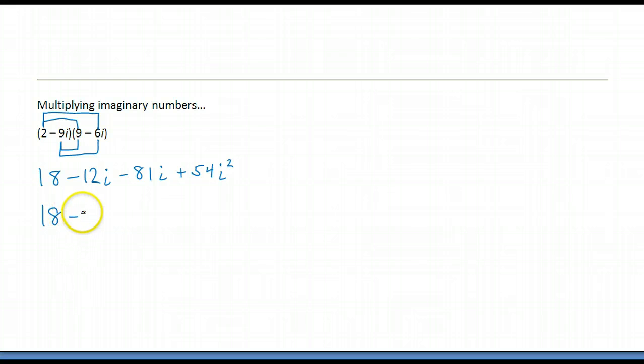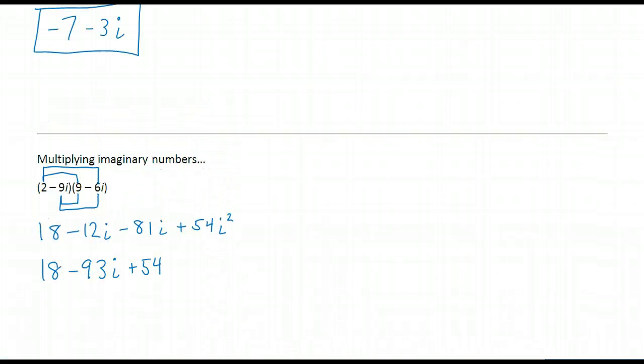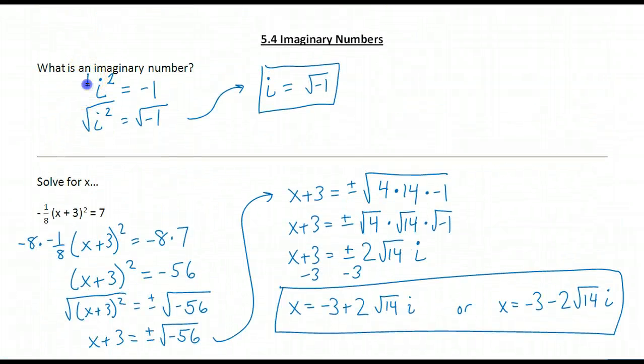18, and I have negative 12i and minus 81i, which gives me a grand total of negative 93i, plus 54 i squared. i is the only number that when I square it, I get a negative number.